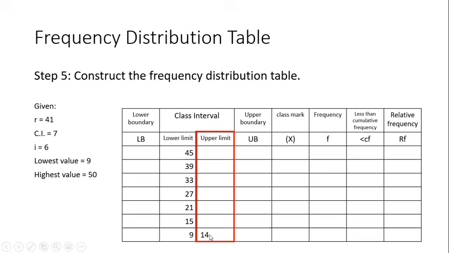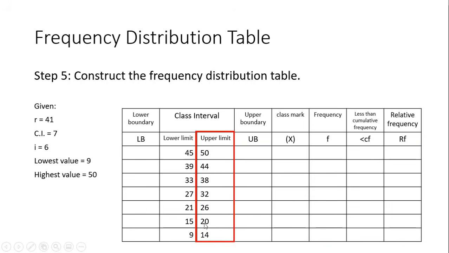And then for the next upper limit, you again do the same process. So 15, which is your lower limit, you add the class size, and then subtract 1. So 15 plus 6 minus 1 is 20.